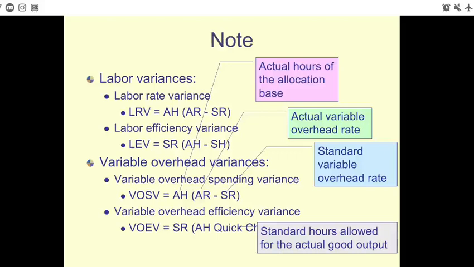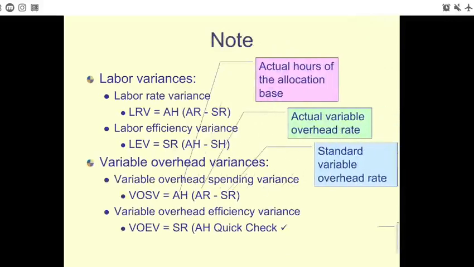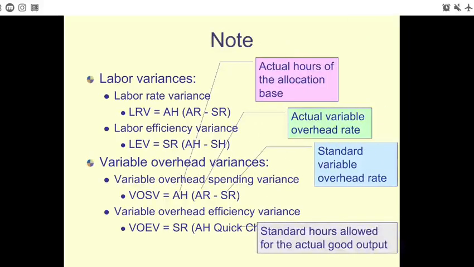And then the variable overhead efficiency variance. The formula is standard overhead rate times the actual hour minus the standard hour.